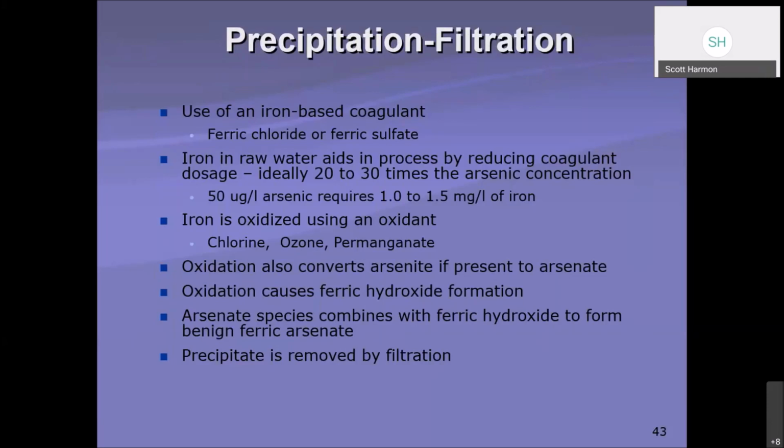But it has its advantages in helping to remove arsenic. So iron in a raw water aids in the process by reducing the coagulant dosage. Because arsenic can adhere to iron, it's helpful in this particular treatment method. Ideally, 20 to 30 times the iron concentration is the help.